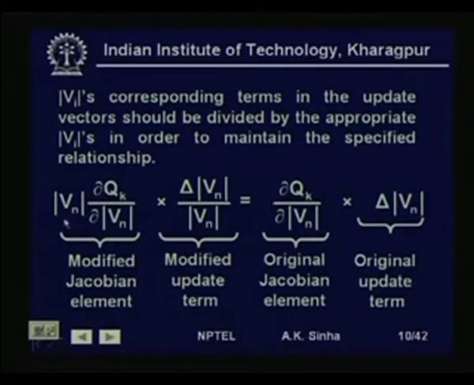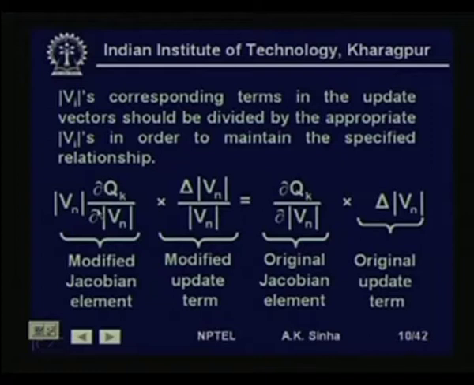So we are multiplying the terms of the J4 matrix by Vn, similarly multiplying the terms of the J2 submatrix by Vn, and we divide the ΔVn term by Vn, and then we get the same relationship. So the equation is maintained by multiplying the J2 and J4 terms with Vn and dividing ΔVn by Vn.